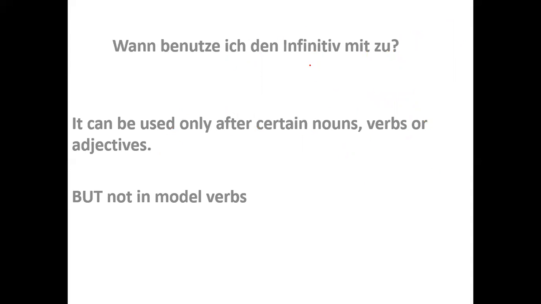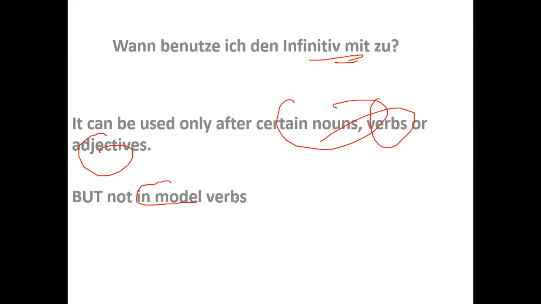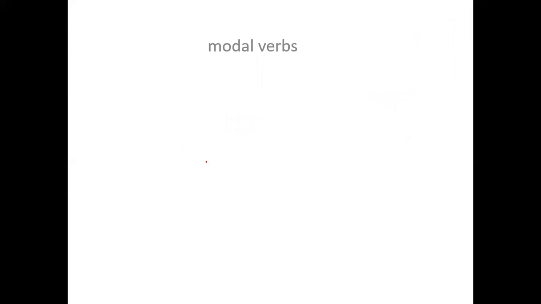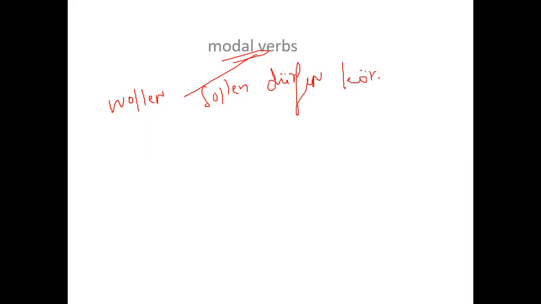Right, so when shall I use it? After some certain nouns, certain verbs, or certain adjectives, but not with modal verbs, right? Modal verbs I need to delete. And you already know which all are modal verbs. Modal verbs are wollen, sollen, dürfen, right? Können, and müssen, right?